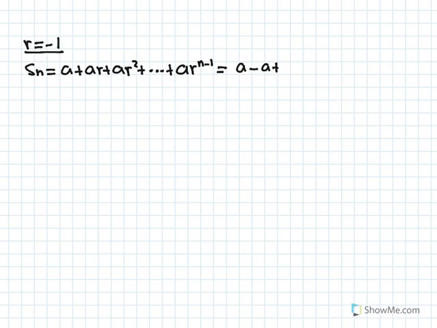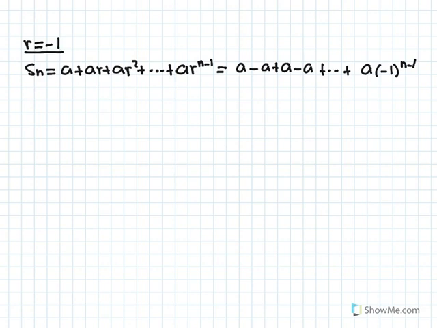So anytime the common ratio r is raised to an even power, we're going to get -1 raised to an even power, which is plus 1. And anytime the common ratio is raised to an odd power, say -1 to the power of 3, it's going to give us -1. So we're going to get a minus a plus a minus a, and all the way to the last term, a times -1 to the n minus 1.